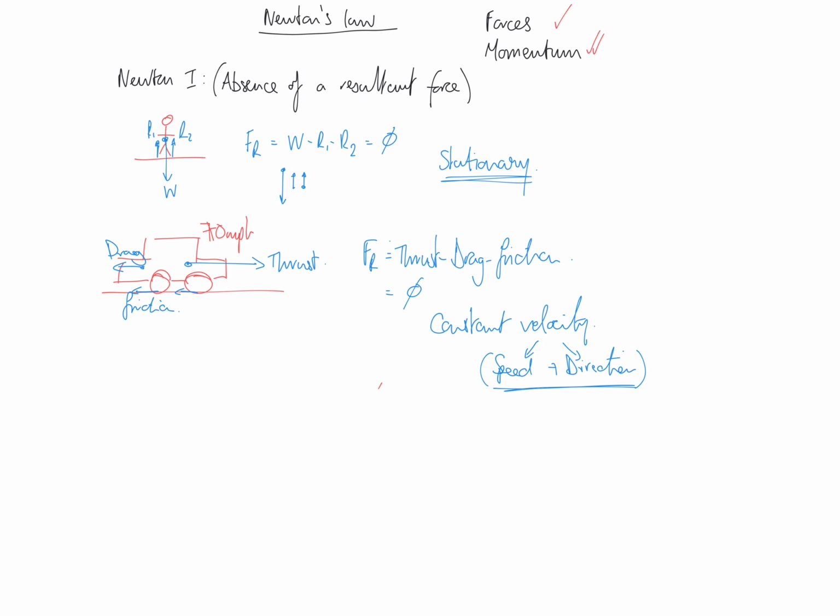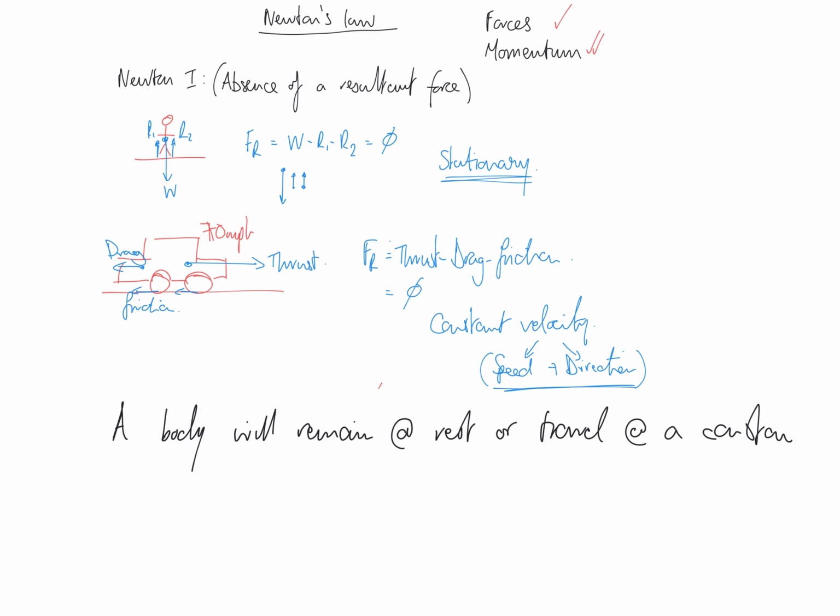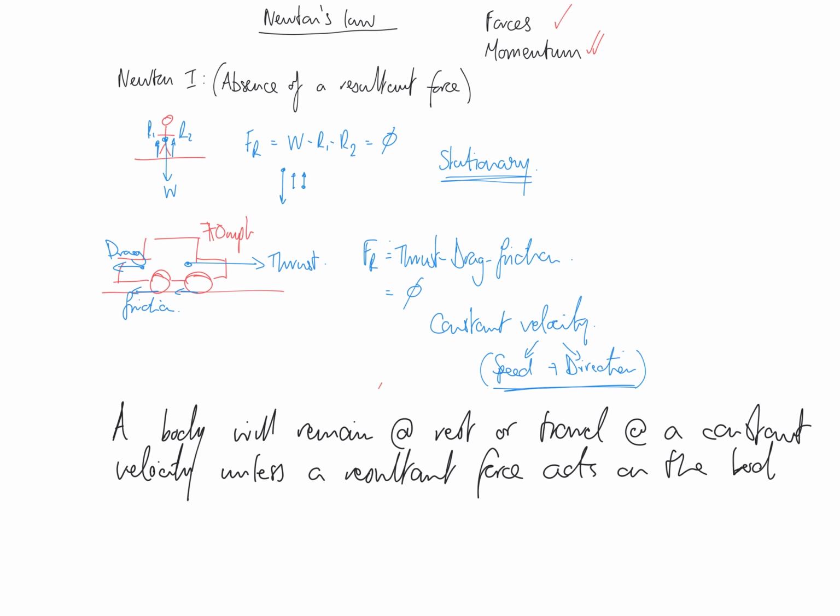We can say to ourselves that Newton 1 says a body will remain at rest or travel at a constant velocity unless a resultant force acts on the body. Which I think makes good sense.